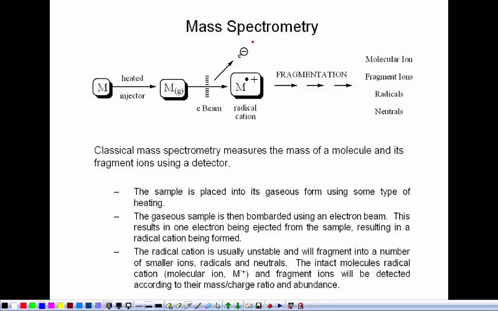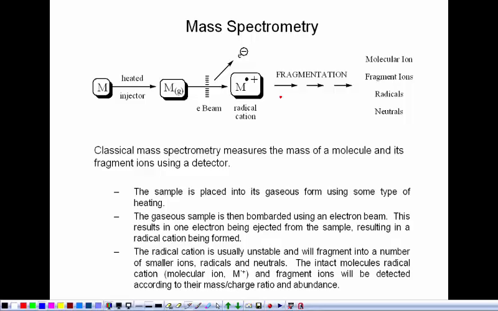And what that does is that leaves the molecule then with a positive charge. And also, because most molecules come with an even number of electrons, if they lose that electron, they basically become a radical. And so this is called a radical cation. And those are the species that we deal with most in mass spectrometry.